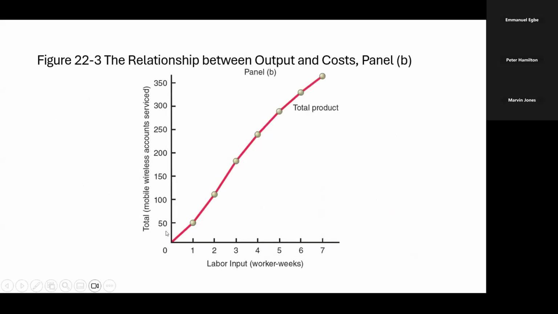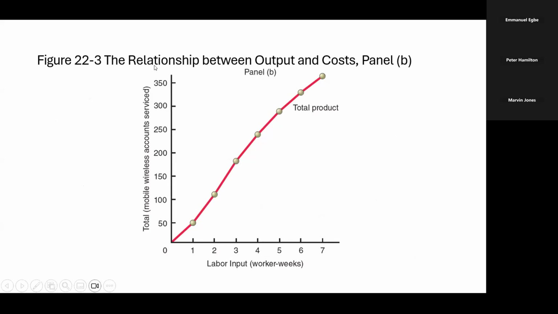You can see in this illustration, total product will always be rising. The marginal productivity could be falling, and then the total cost will not fall.